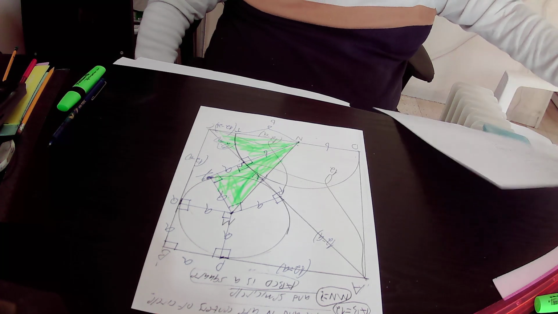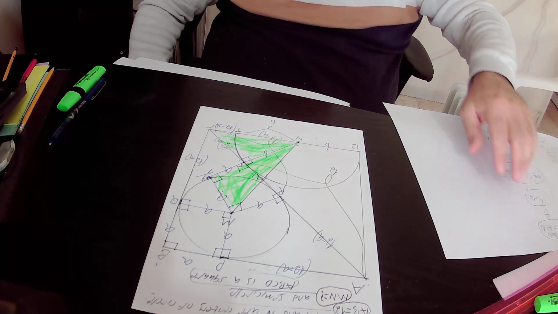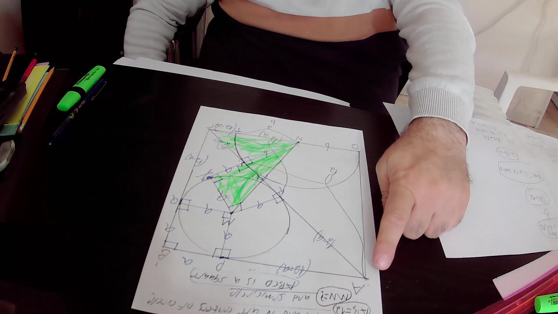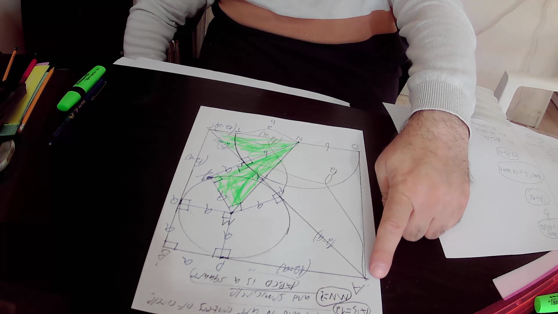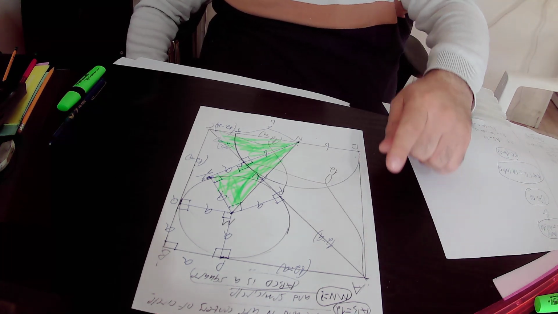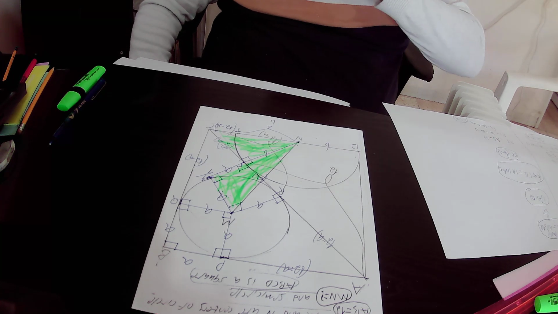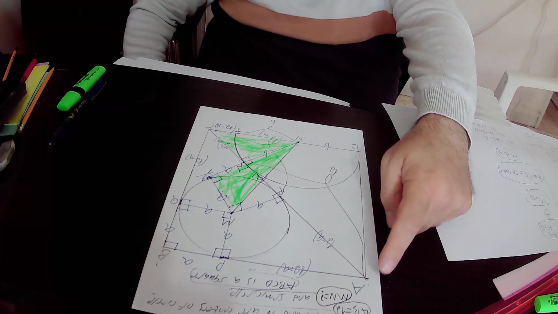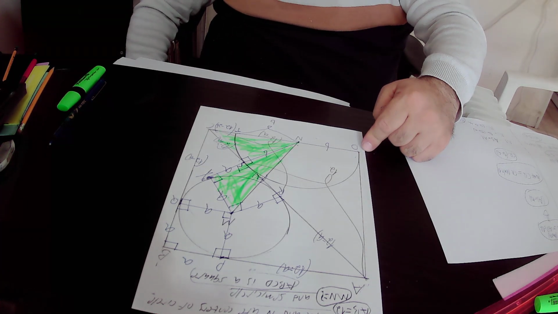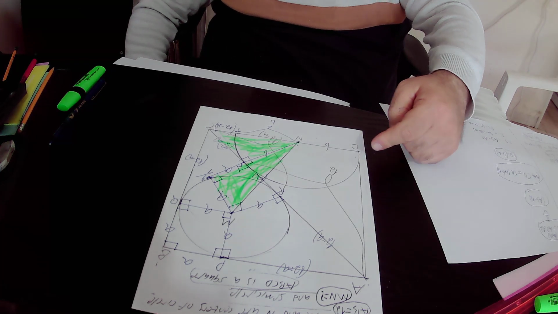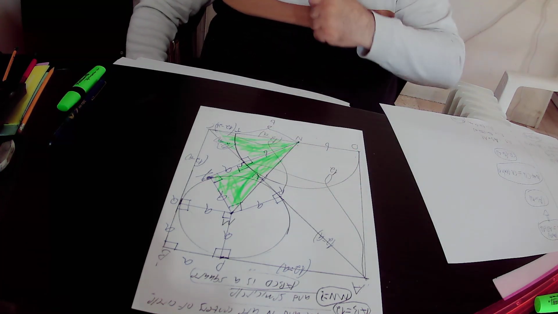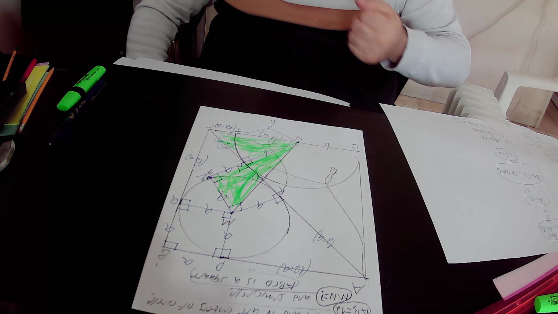Then we focus on the external point, point A. Point A is an external point in relation to the semicircle. From point A we have tangent AD to the semicircle, and we have tangent AS to the semicircle, and according to rule number 1, they are equal to each other.